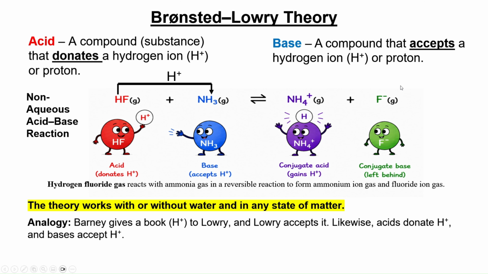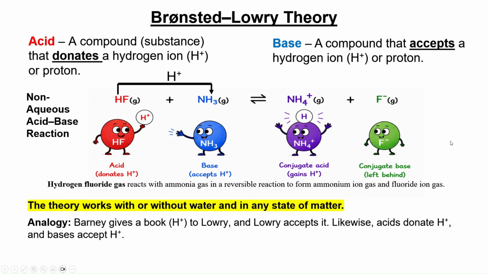And our fluoride is called a conjugate base because the species is formed after the acid lost a hydrogen ion. Remember, it was originally HF, but it donated the hydrogen ion, so the product became fluoride.